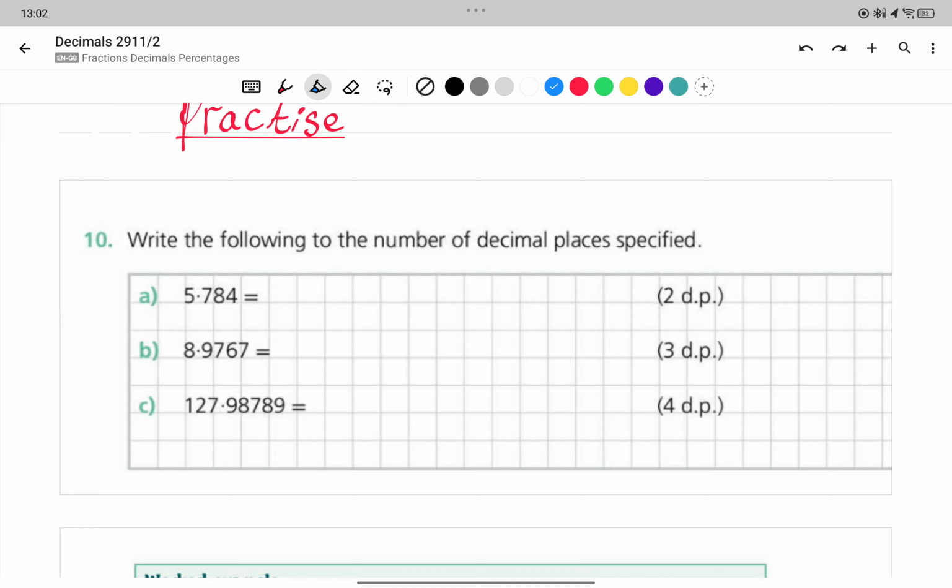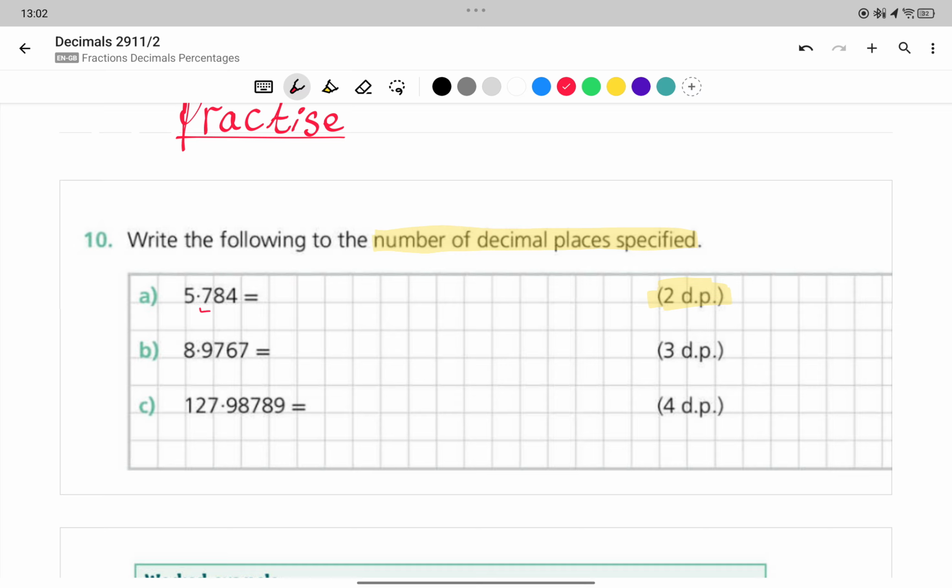Again, write these down into your copybooks and write the question. Number of decimal places specified. So with the first one, 2 dp means 2 decimal places. So we have touched on rounding before.